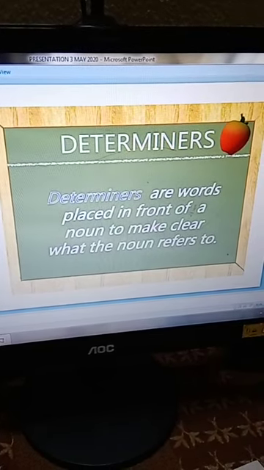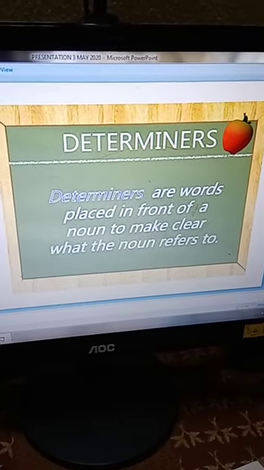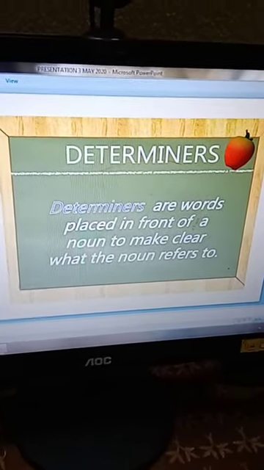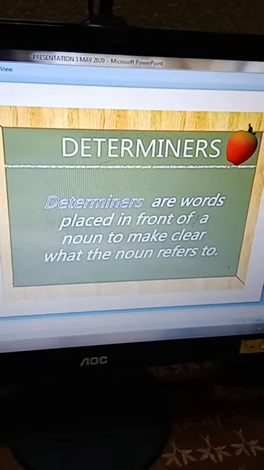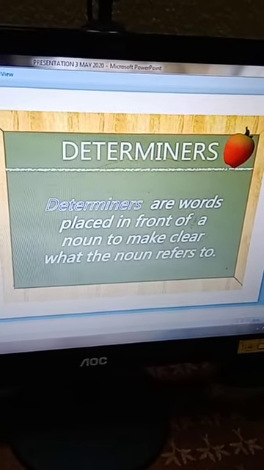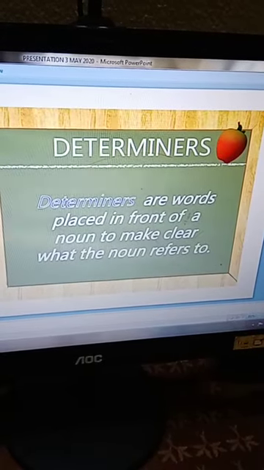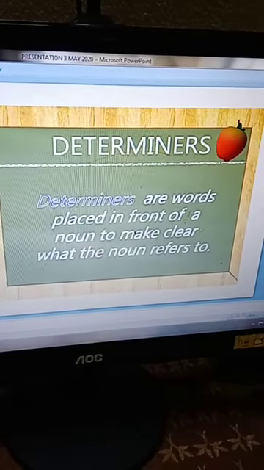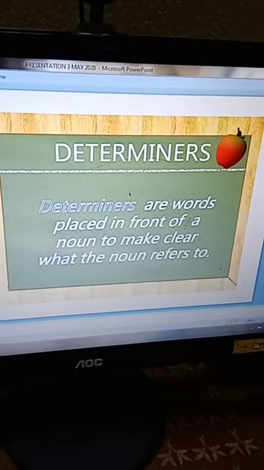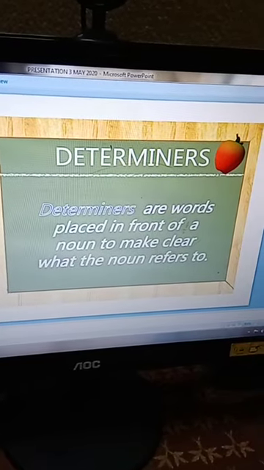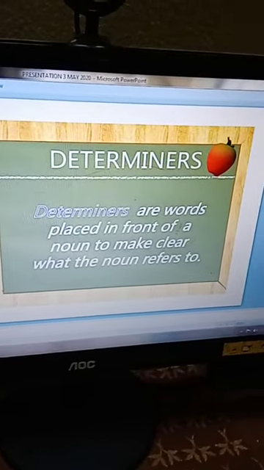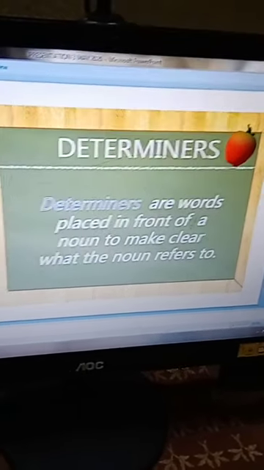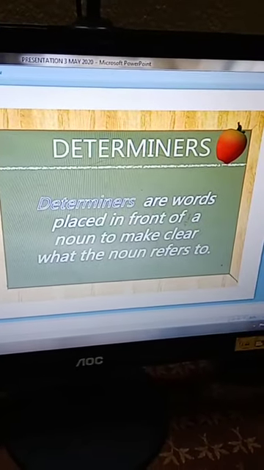Before starting this lesson, I would like to introduce the definition of this topic. Determiners are words placed in front of a noun to make clear what the noun refers to. Generally, determiners are all used before nouns.